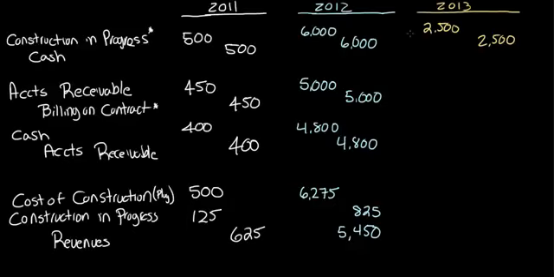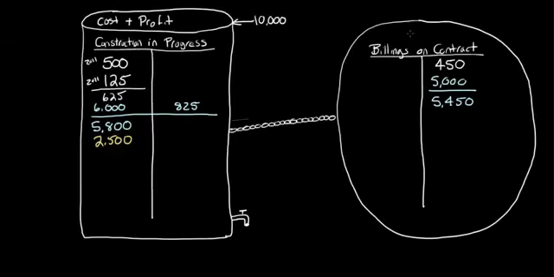Coming back to my journal entries then, I had some billings on this contract. I billed another $3,400, and that goes to the billings on contract account for $3,400. And let me post those to my journal and my T account, so that my billings on contract account goes up by $3,400.